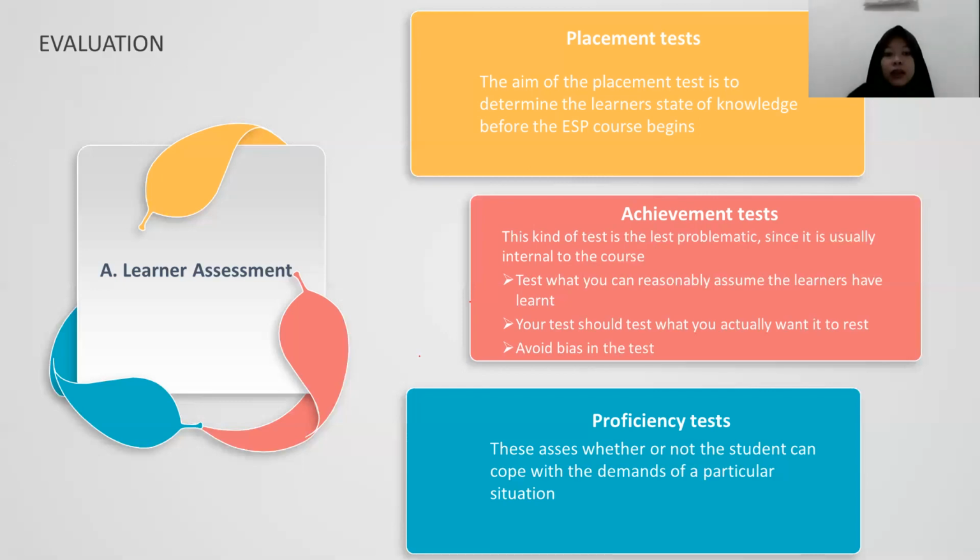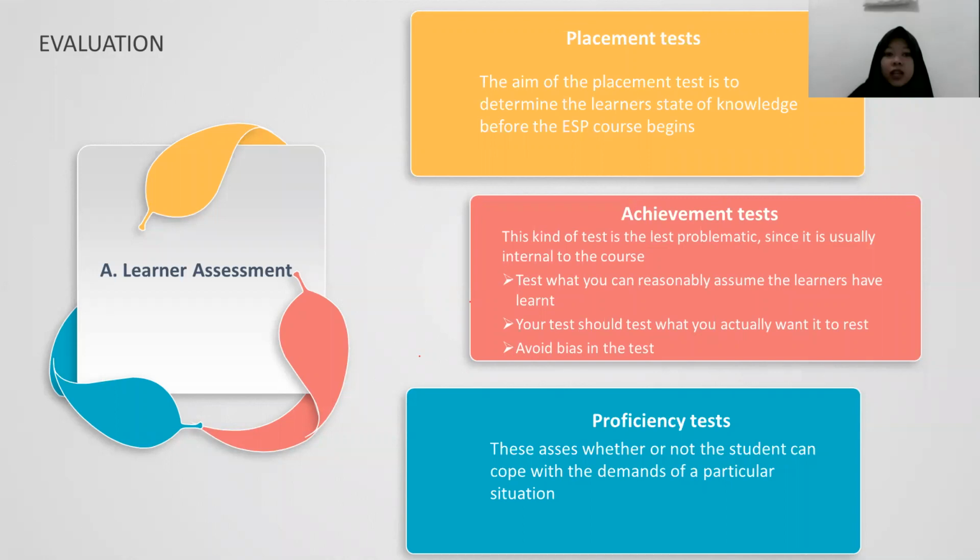And then avoid bias in the test. Don't, for example, write test items which demand specialist subject knowledge or cultural knowledge. This applies with any kind of language test, but it is probably more apparent in ESP tests, which may often involve the use of specialist content: technical, commercial, medical, and so on.